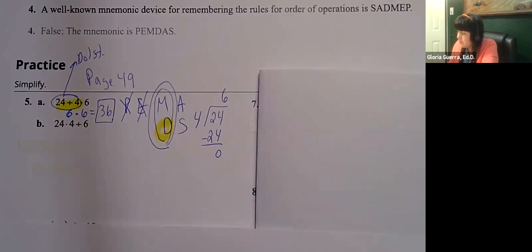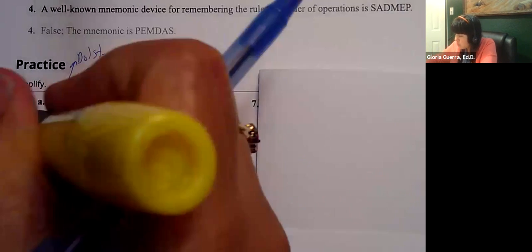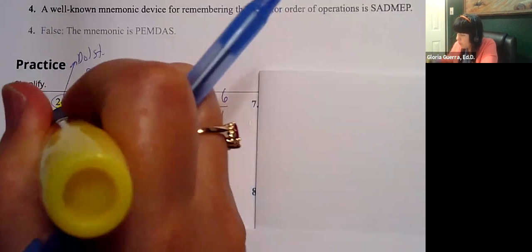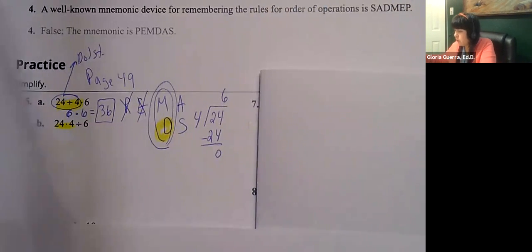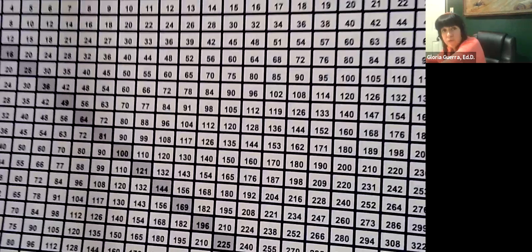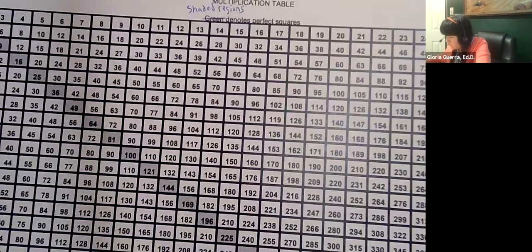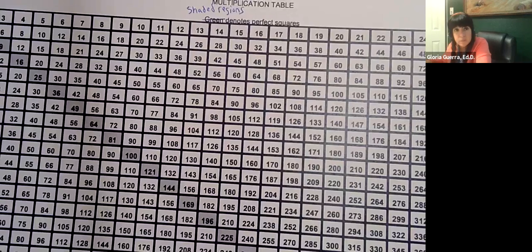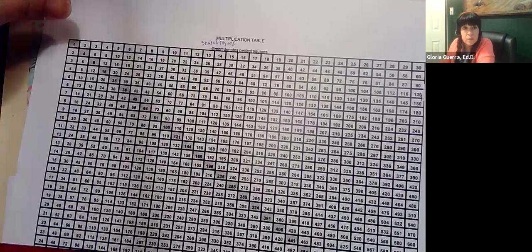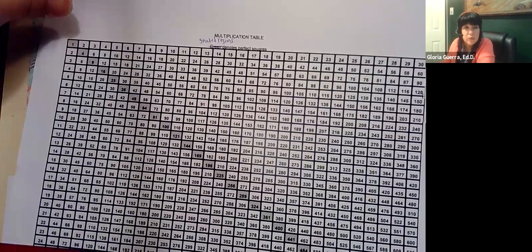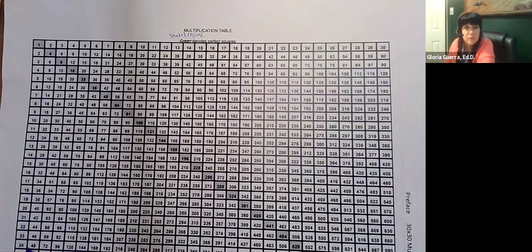Now for B, again, from left to right, you want to do the multiplication first. You want to find out what 24 times 4 is. So I have a multiplication chart here, and if I use my ruler and look at 24, so 24 times 1, 24 times 2, 24 times 3, 24 times 4.